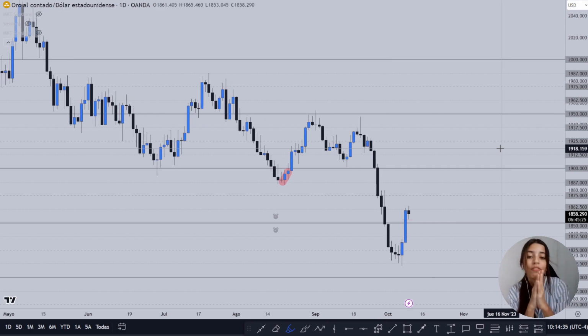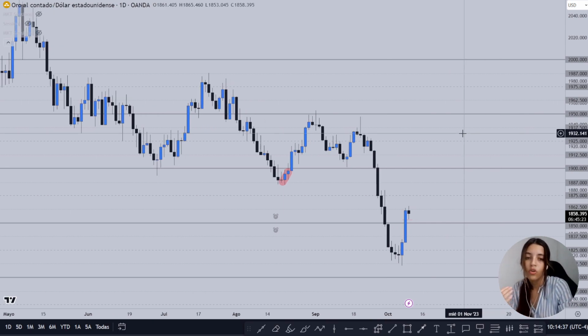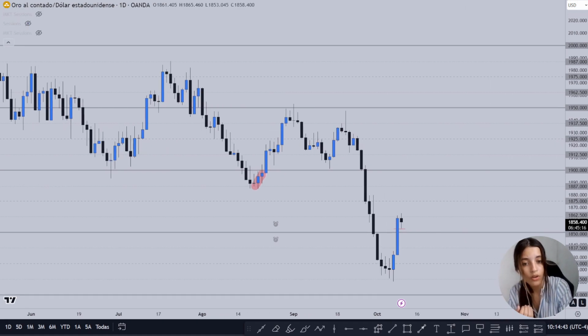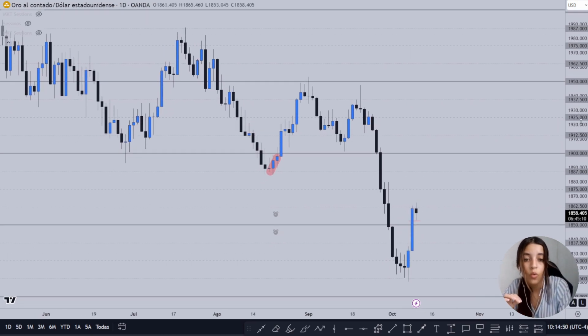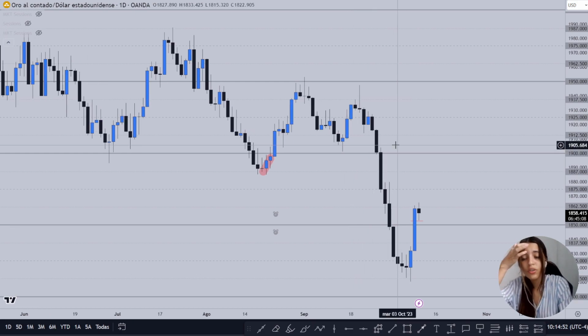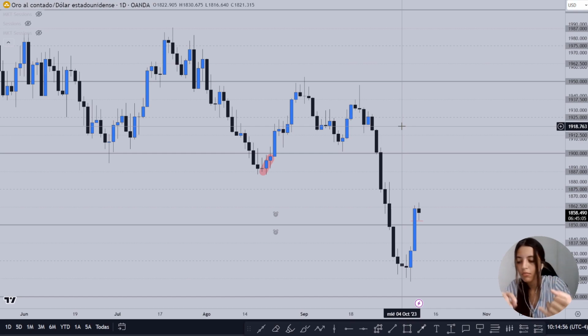And we have the quarters. So you know, gold moves a lot of pips during one session, so I had to add quarters. In my case, I'm a day trader, so I had to add quarters, and you can use this basically as your entries, as your targets, your take profit.